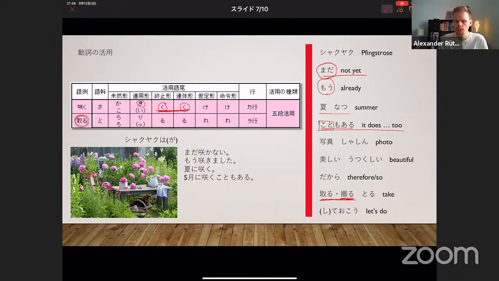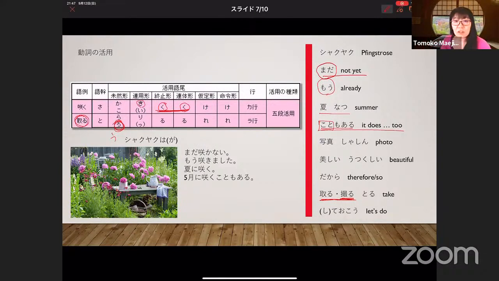Toru. It's a potential. Let's take the picture. You conjugate with u to suggest, like toro. That is let's take. Okay, if the flower blooms, then let's take a picture.